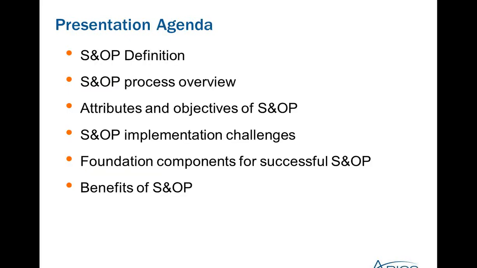As we get on, what we're going to be talking about today are the basic definition of S&OP, a process overview, some of the attributes and objectives, some of the challenges, and there are many, the foundational components, and the benefits of S&OP.